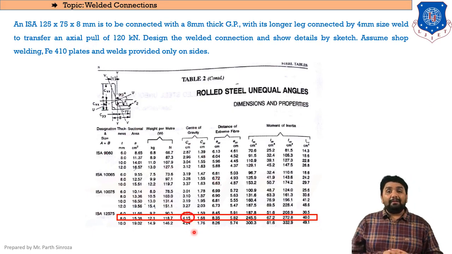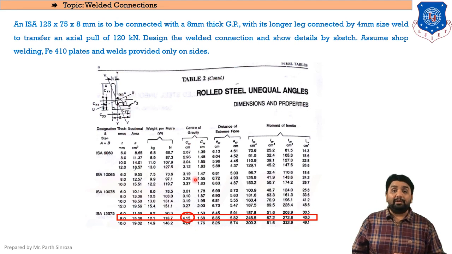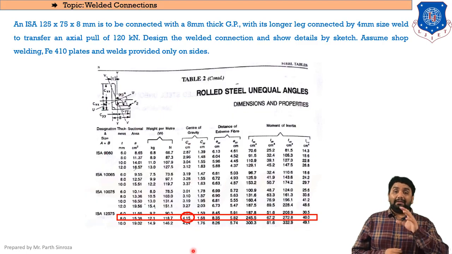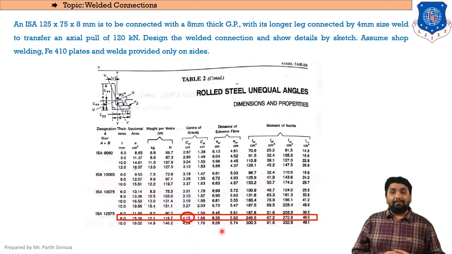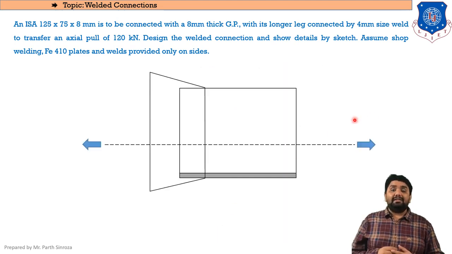As you can see here, the CXX value will be 41.5 mm. Here it is mentioned 4.15, but keep in mind the title, it is in centimeter. Clear? So as it is in centimeter, we need to convert it into mm.